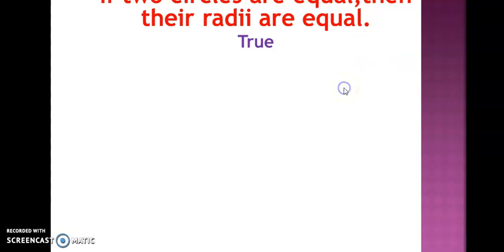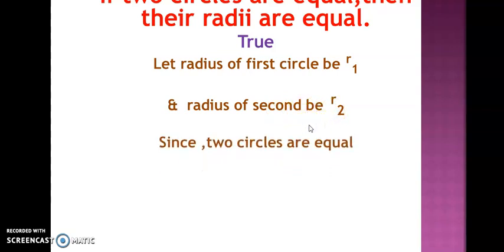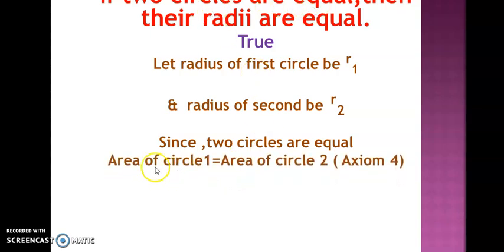Let the radius of the first circle be R1 and the radius of the second circle be R2. Since the two circles are equal, they have given that their areas are also equal. So area of circle 1 is equal to area of circle 2 according to Axiom 4. Isn't it?